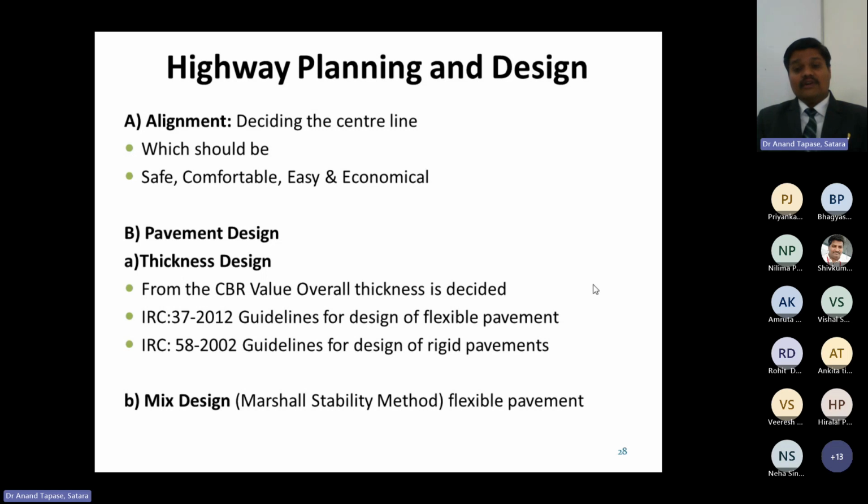What is the pavement? We will come to that point also, because many confusing terminologies are there, such as whether pavement is the road, what is the complete pavement, what is the complete road. There are differences in that, which we will discuss.